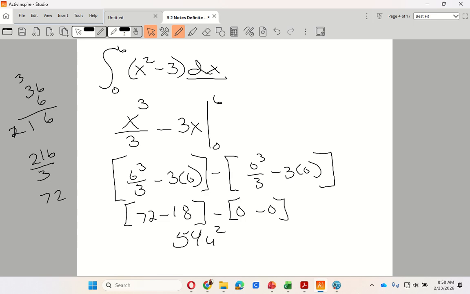If you open the book, you can see it's the sum. We're taking the limit of the sum of infinitely many rectangles that are infinitely small. So they're teeny tiny rectangles. The delta x is almost nothing.